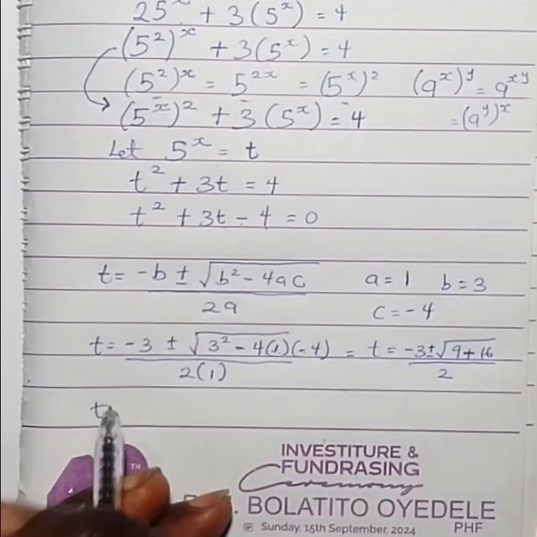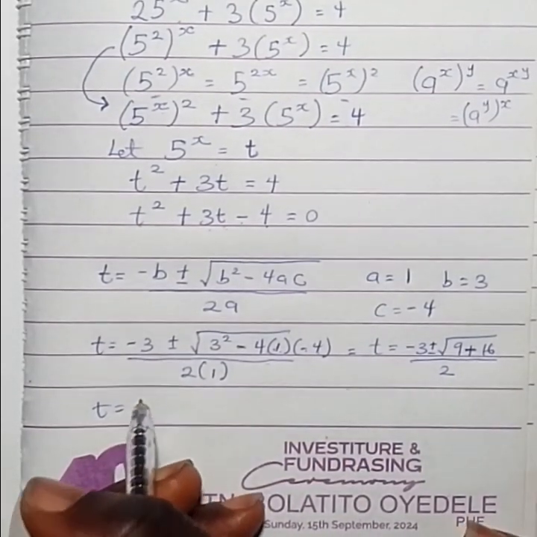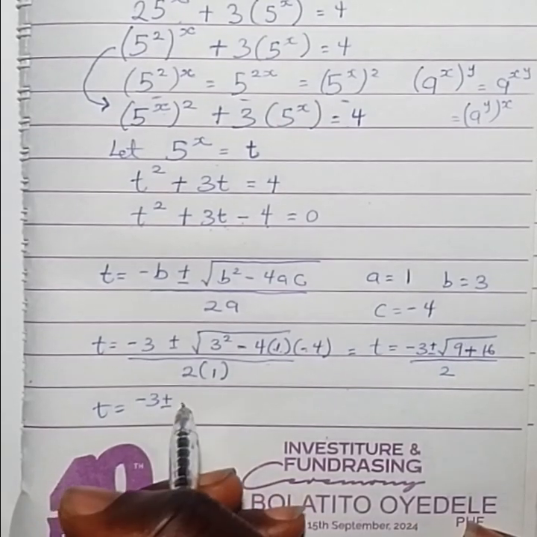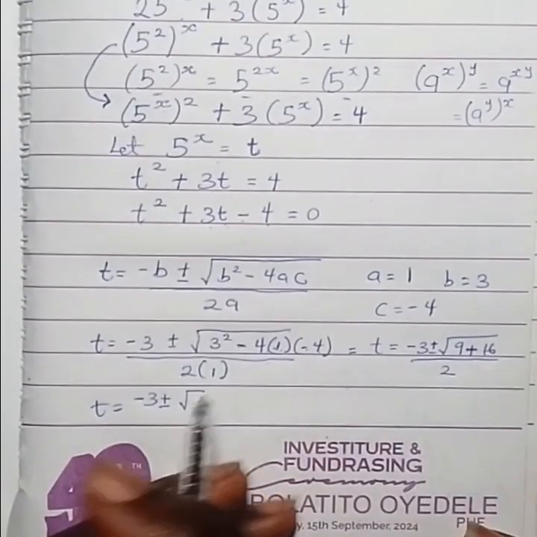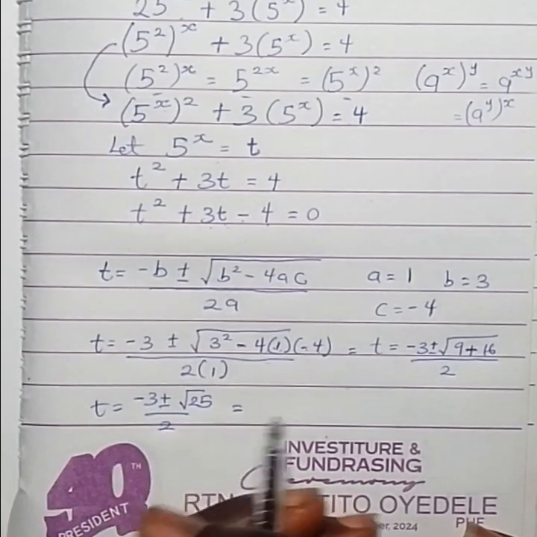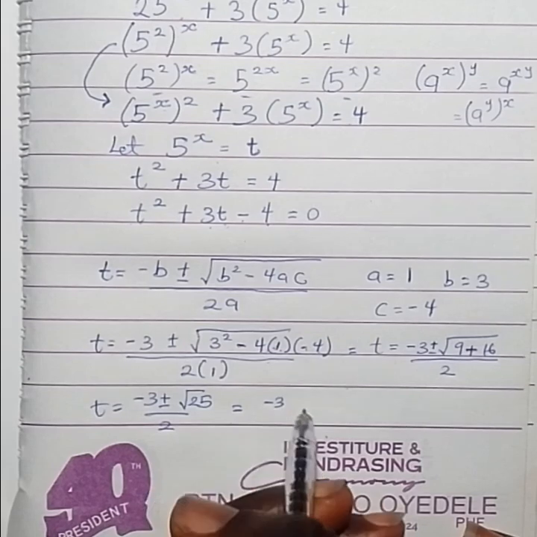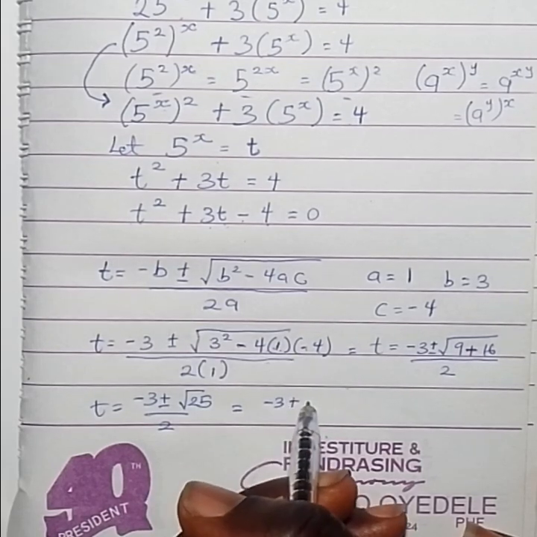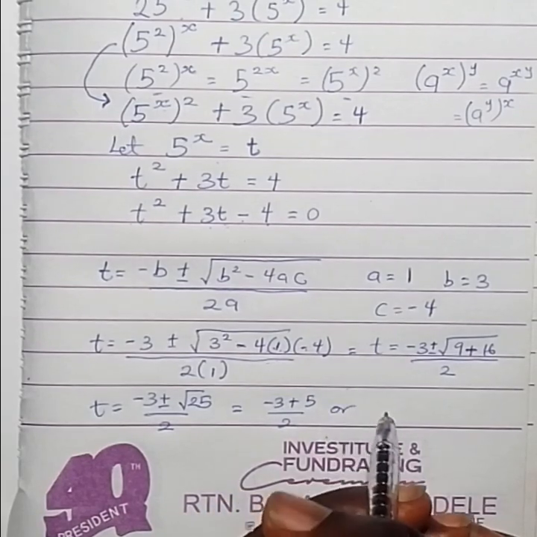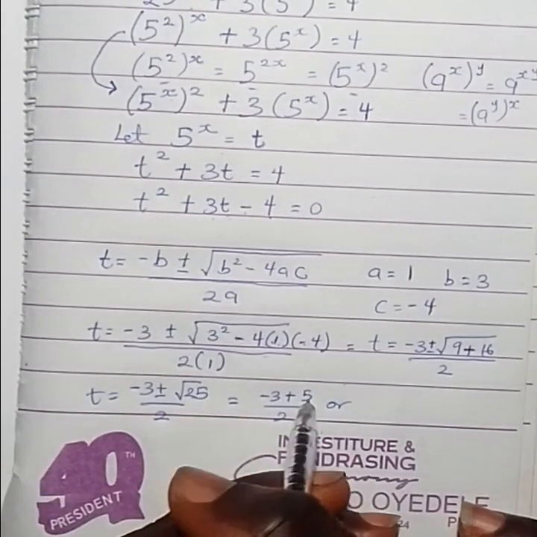So t is equal to minus 3 plus or minus square root of 9 plus 16, which is 25, over 2. Which means t is equal to minus 3 plus 5 over 2, or minus 3 minus 5 over 2, because the square root of 25 is 5.